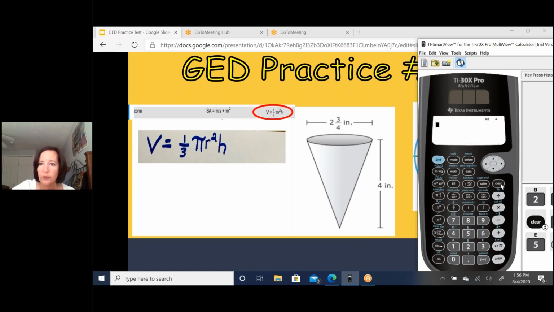So I'm going to clear out our last problem. I thought this might be a good opportunity to show how to use the mixed number fraction that they actually have as a second function. On the practice test calculator, you have to look because sometimes they move those second functions to different keys.